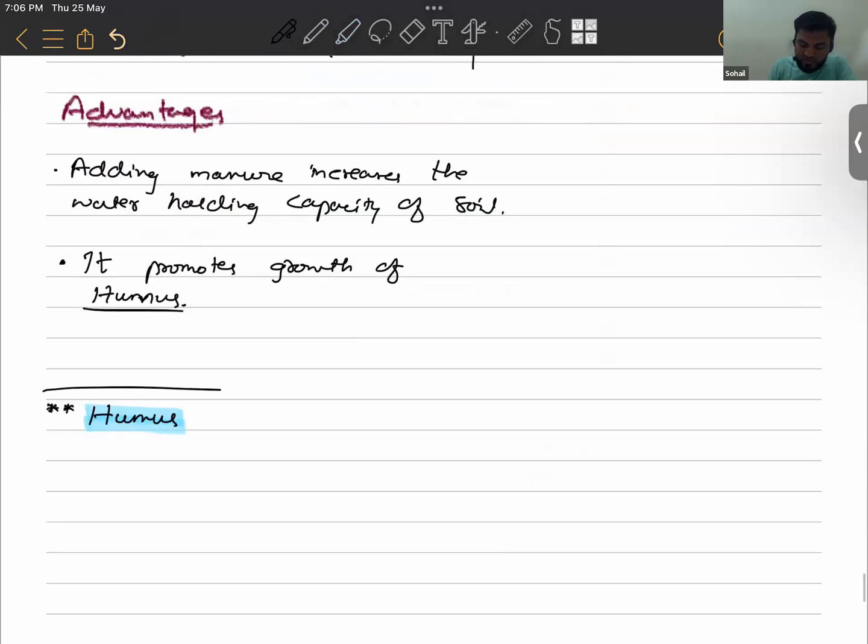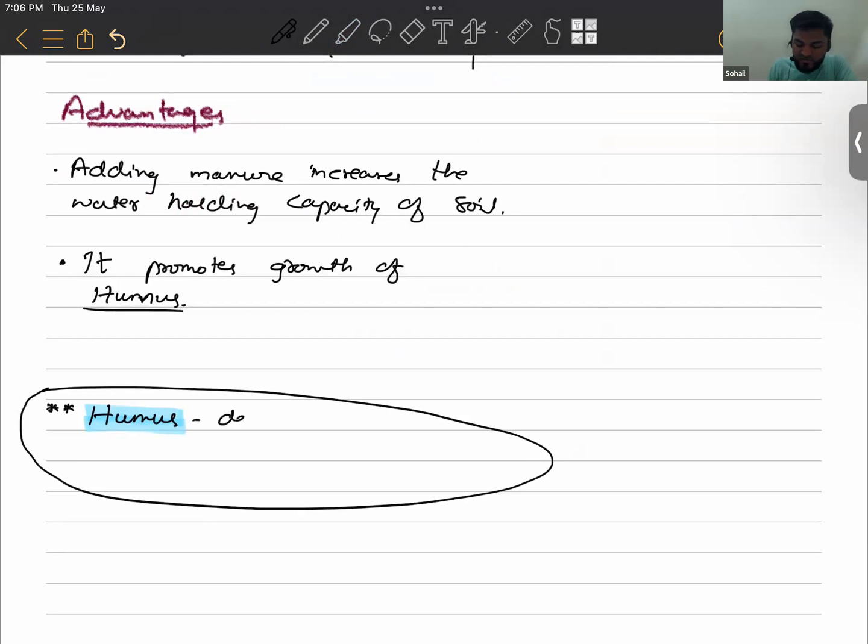Humus is a substance that basically consists of dead organisms, plus earthworms which are found in the soil, insects, and bacteria. So if you take a mass of soil and observe it, there's a possibility that you will find some dead organisms in it.